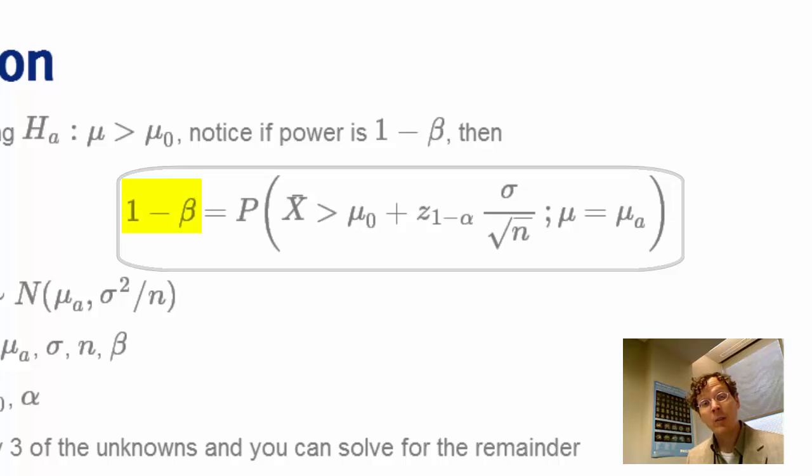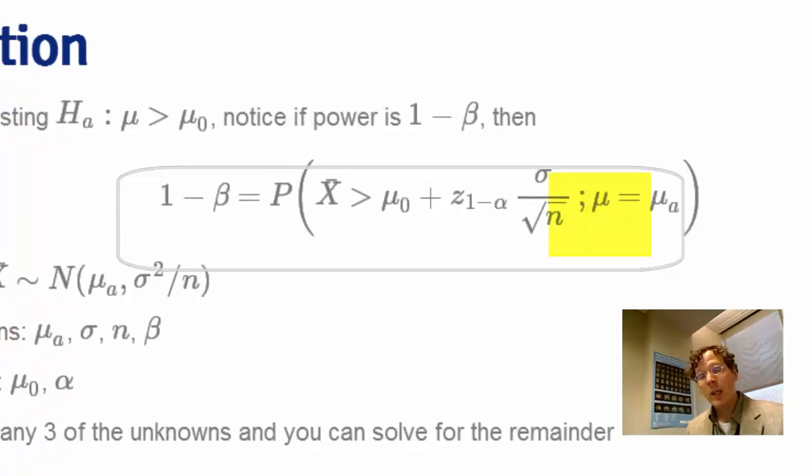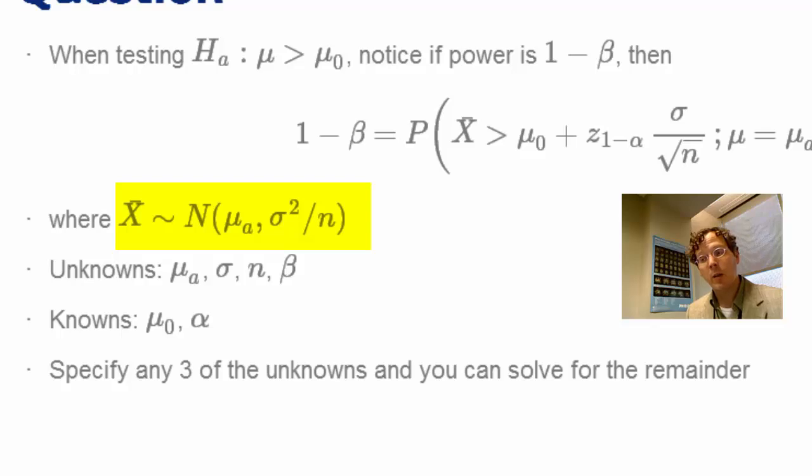Our power is equal to the probability that x bar is larger than mu naught plus the standard normal quantile times the standard error, where this probability is calculated under the hypothesis that mu equals mu a. And then I simply reiterate that point on the next line, where I'm explicitly stating that x bar is normal with mean mu a and variance sigma squared over n.